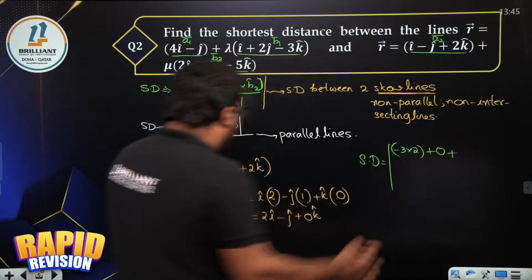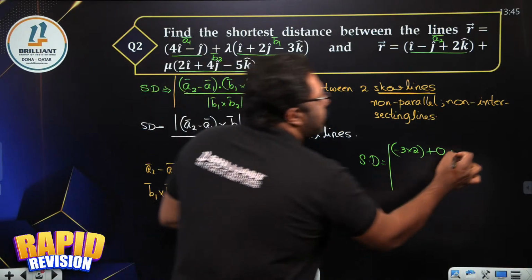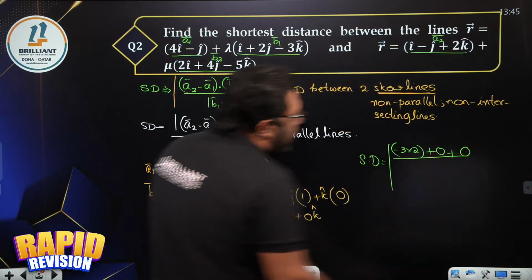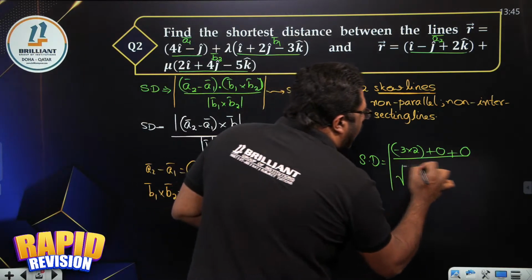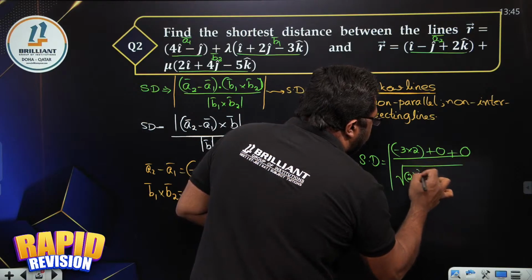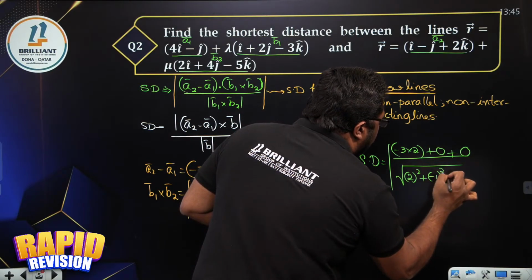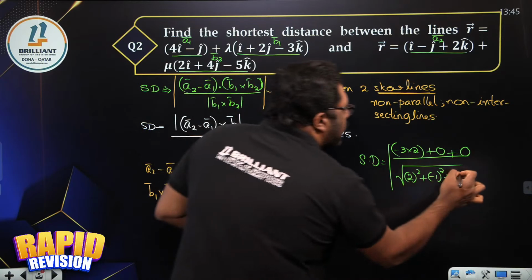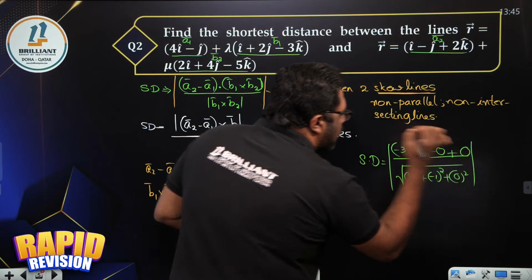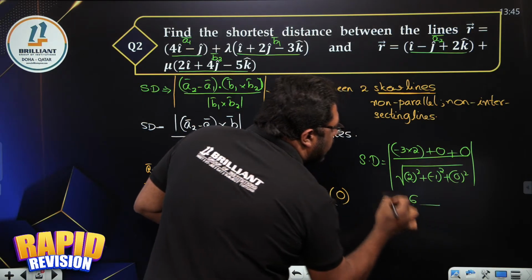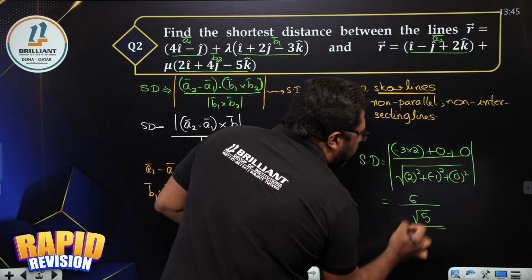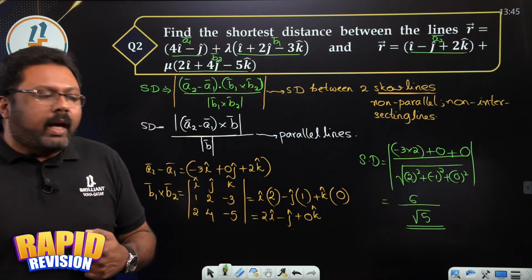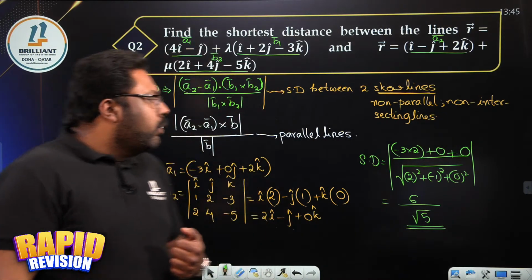And then you have 2 with 0, 0. Divided by the magnitude of B1 cross B2, which is the square root of 2 squared plus minus 1 squared plus 0 squared. So answer is 6 divided by the square root of 5. The shortest distance between the two lines, 6 divided by root 5.